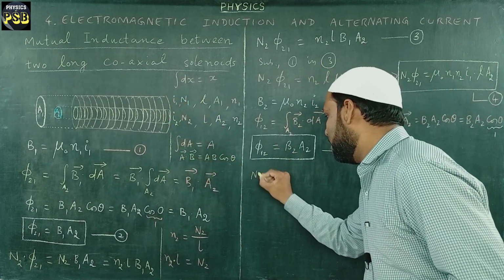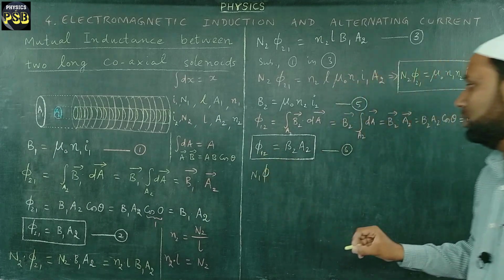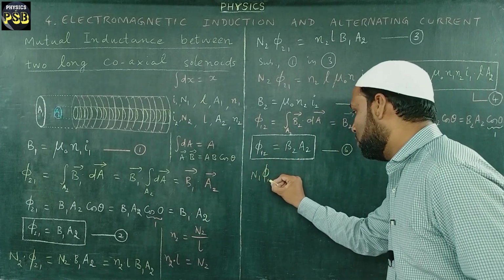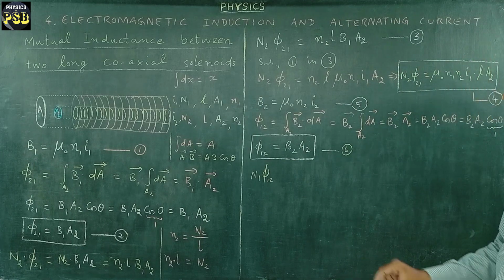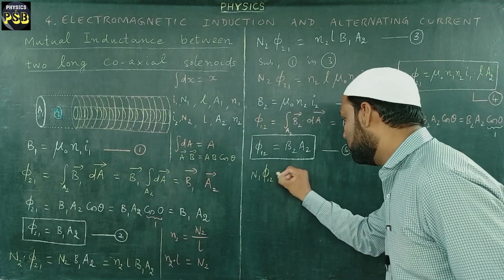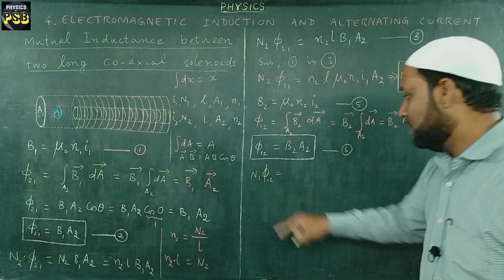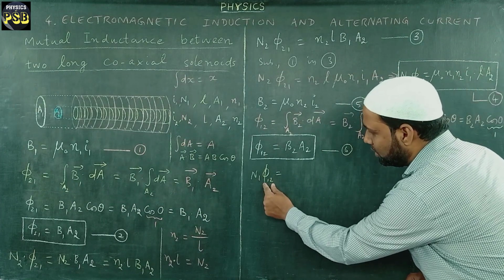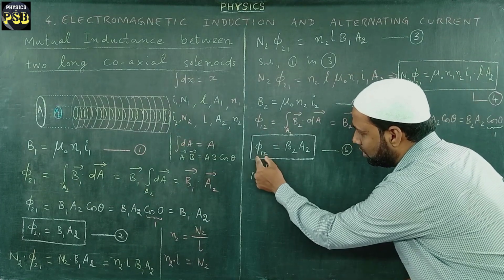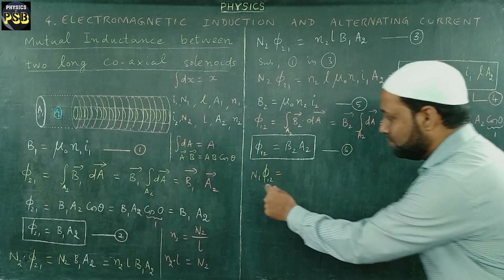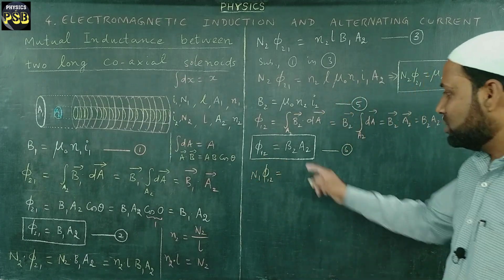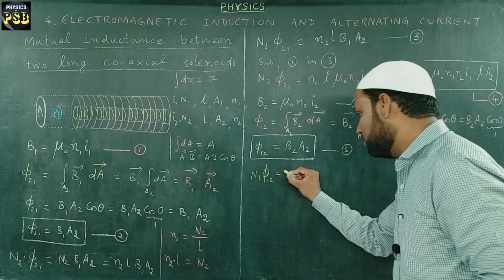When this is multiplied with the magnetic flux linked with each turn of solenoid 1 due to the flow of current in solenoid 2, I get this. When I multiply the term on the left hand side with N1, I have to do the same with the terms on the right hand side as well.